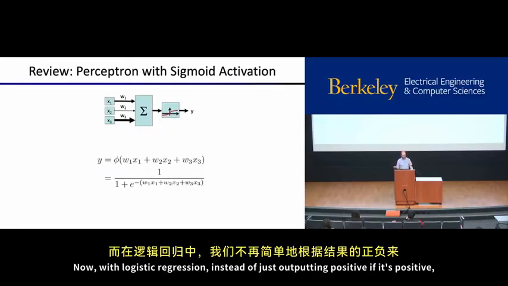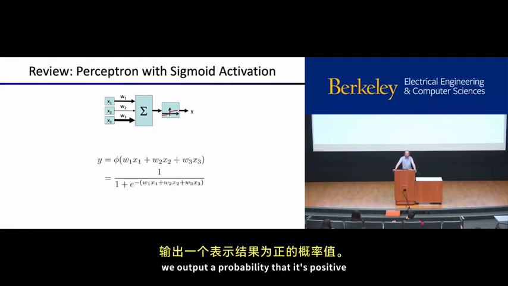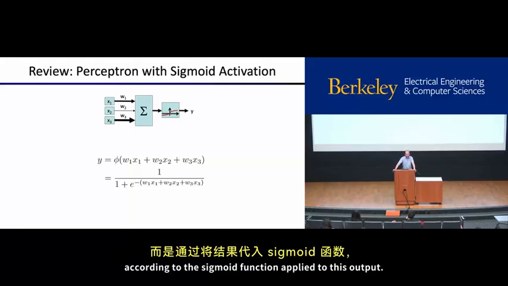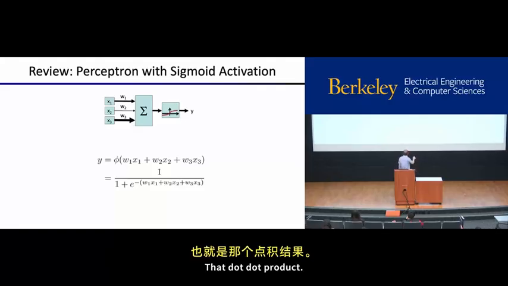Now with logistic regression, instead of just outputting positive if it's positive, negative if it's negative, we output a probability that it's positive according to the sigmoid function applied to this output. So that's 1 over 1 plus e to the negative that dot product.